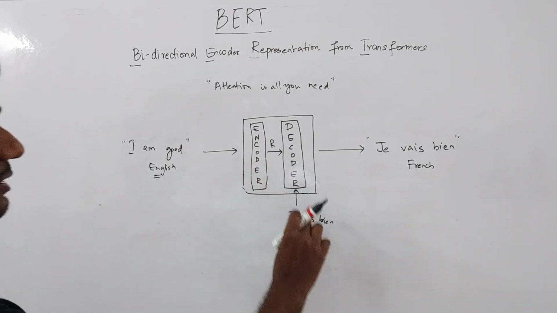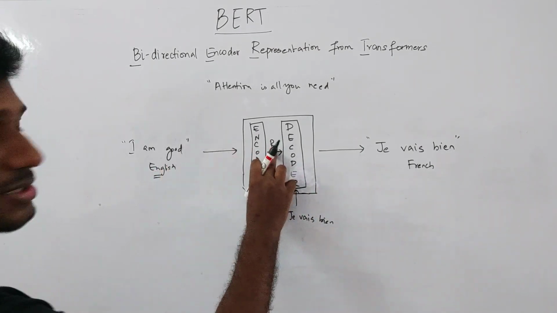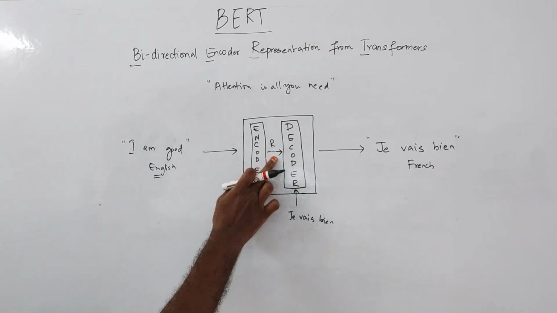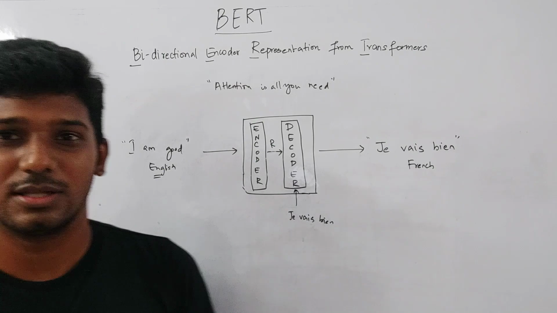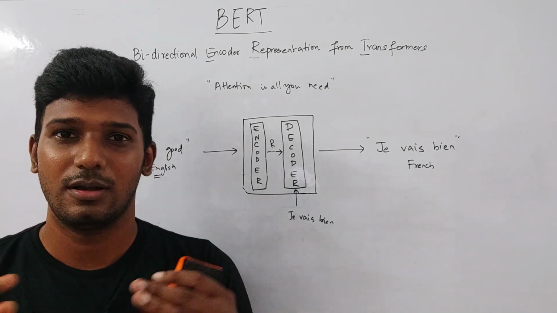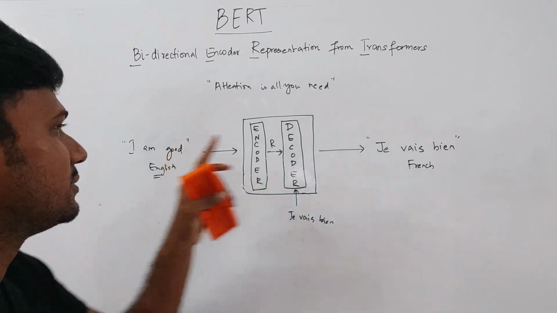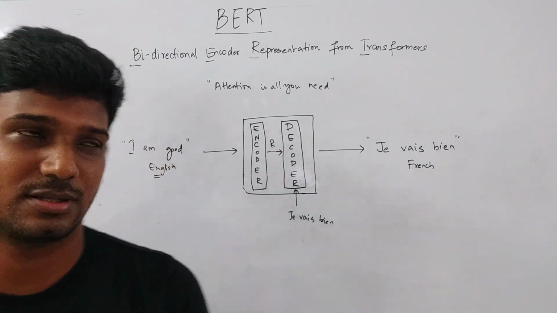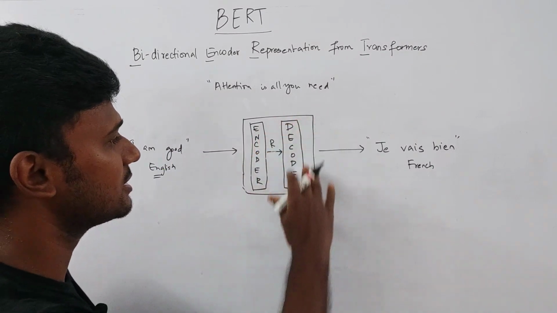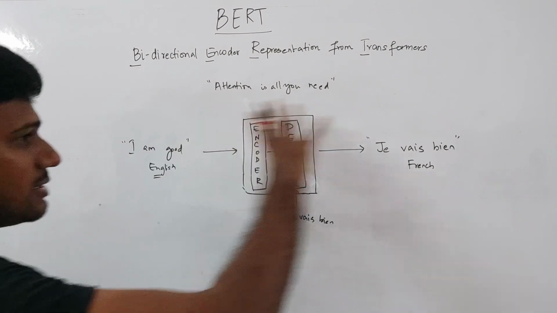Here the decoder tries to understand how the English representation is mapped to French. It understands the bridging elements between English and French, which English words relate to which French words, and how to construct every English sentence into a French sentence. These are the things learned by the decoder.